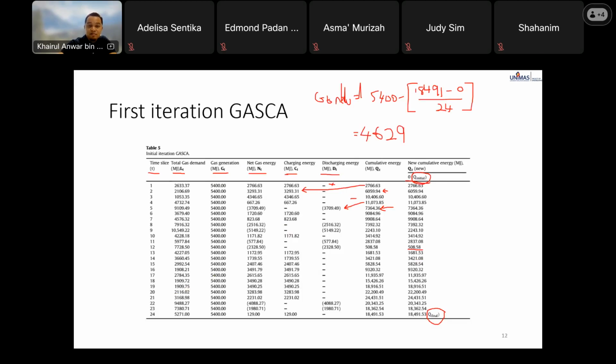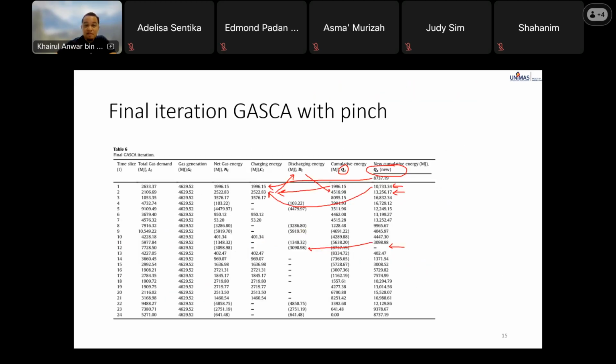So once we have this final iteration, let's see, we try to calculate the P for equation 8. The changes in P should be less than 0.05%.